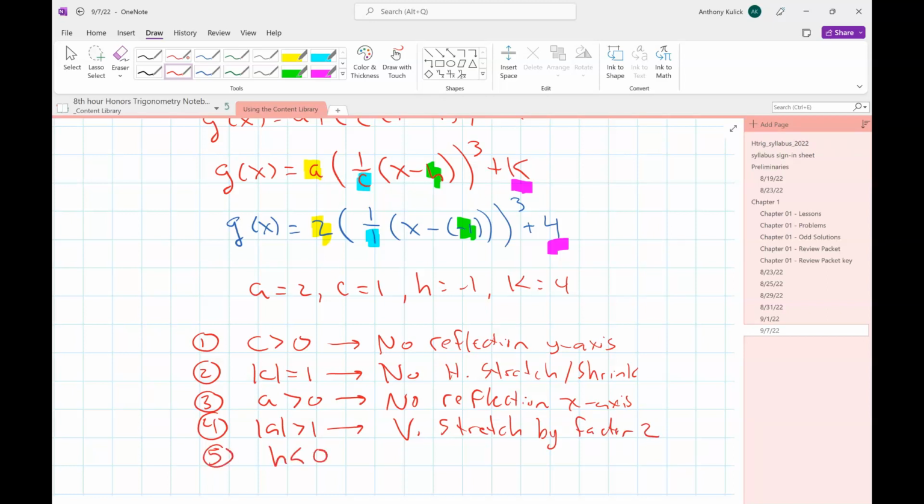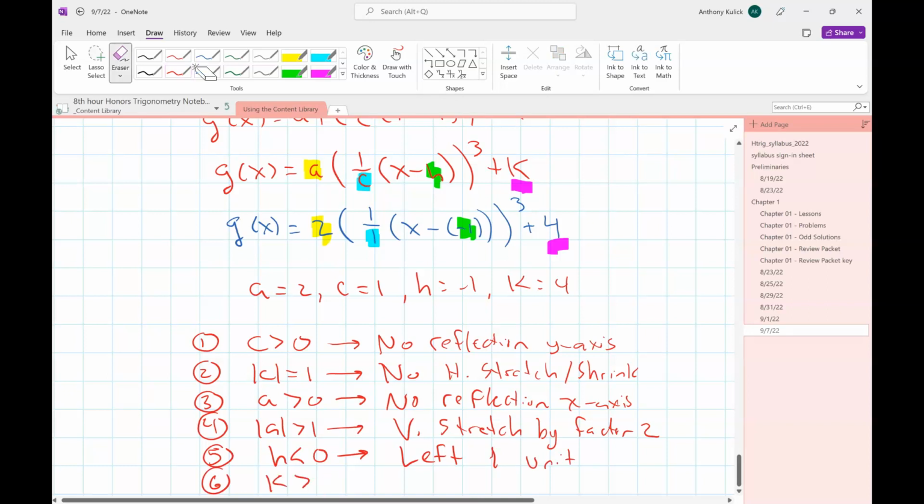My H is less than 0, so I'm going to go left 1 unit. And my K is greater than 0, so I'm going to go up 4 units.